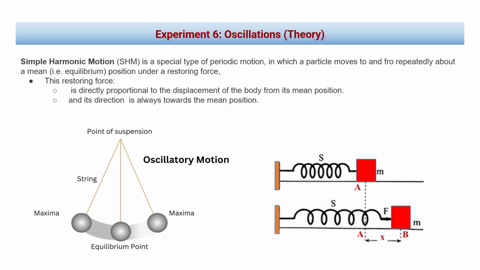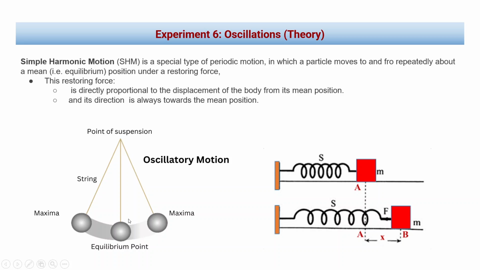But that is not a simple harmonic motion, because in simple terms, in simple harmonic motion a particle moves to and fro about the mean position, and later we'll see the expressions which are also important for a motion to be defined as a simple harmonic motion, that we'll see now.